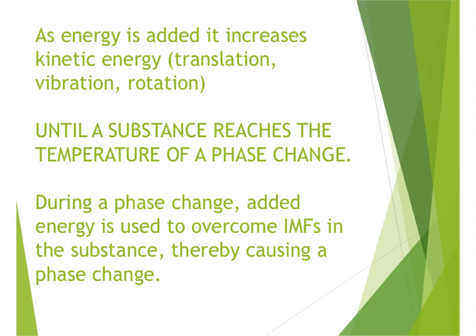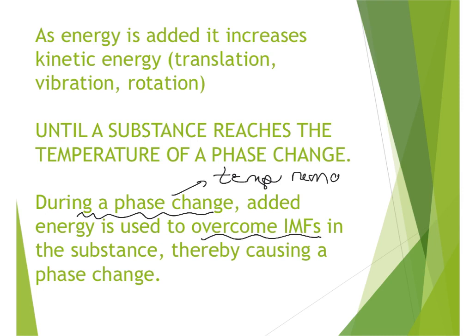And interesting enough is once a phase change has begun, all of the energy added is used to overcome the intermolecular forces. Therefore, during a phase change, temperature remains constant.